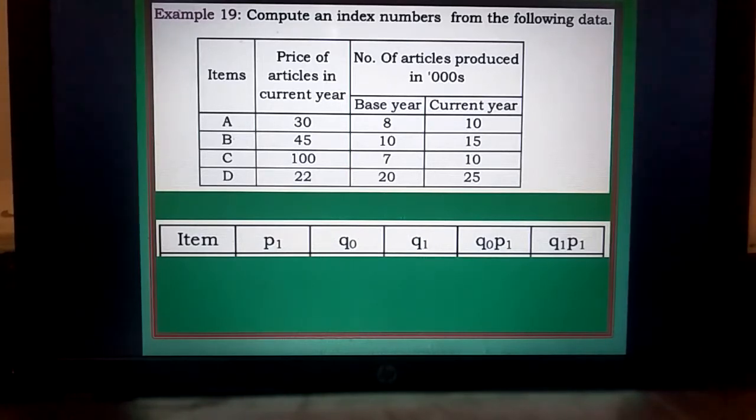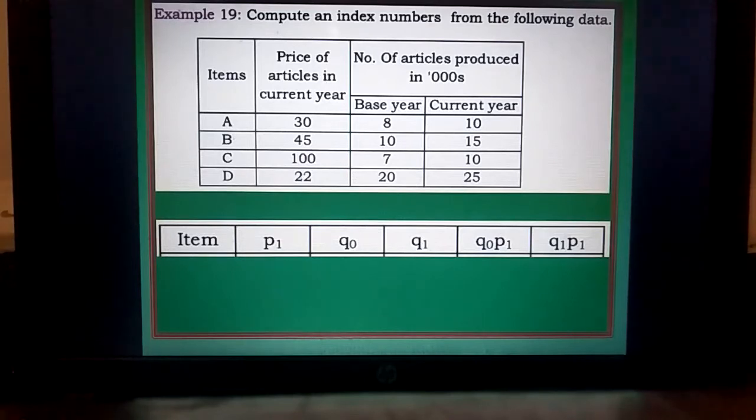Now here we know one fact: for an index number, either price or quantity, when we want to calculate it, the respective relative should first be possible to calculate. Price relative or quantity relative, which is possible, we have to see based on the data.